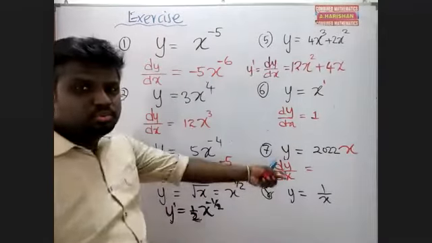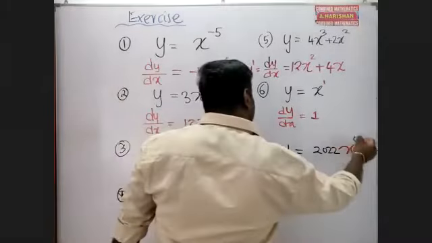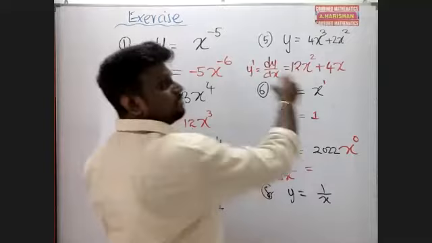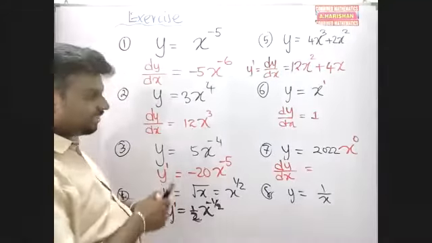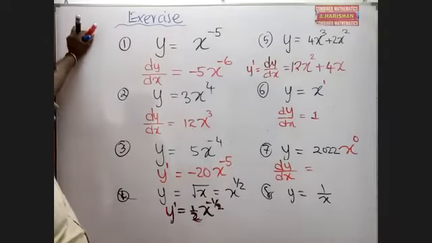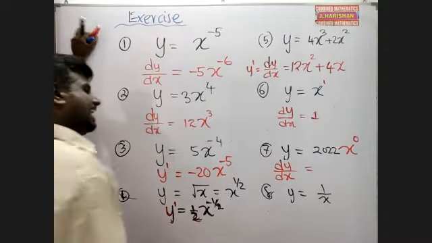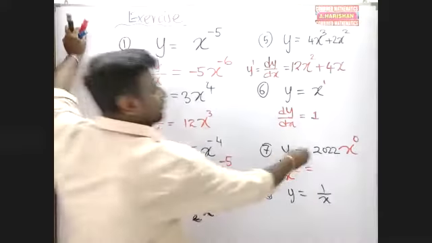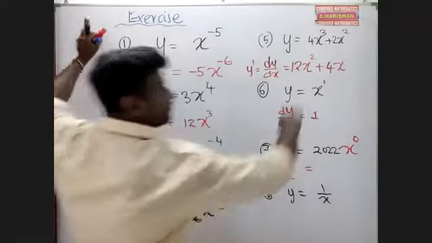How? 2022 times x to the power 0. Why? Because x to the power 0 is 1. So I can put 2022 times x to the power 0.